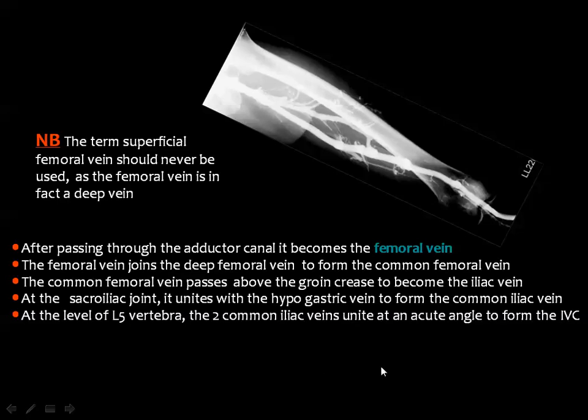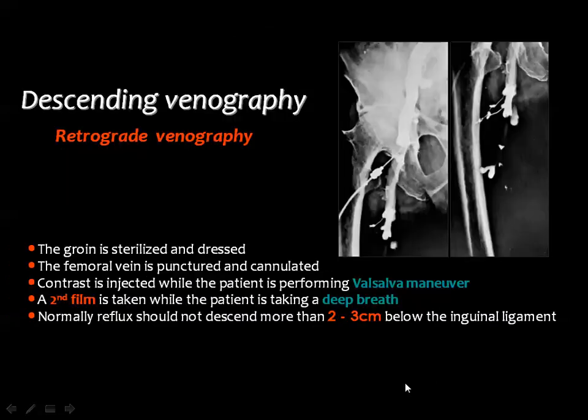Then there is no superficial femoral and deep femoral veins. The superficial femoral vein is the femoral vein, the original one, and this is the deep femoral vein which corresponds to the profunda femoris artery. And descending venography is a retrograde one.